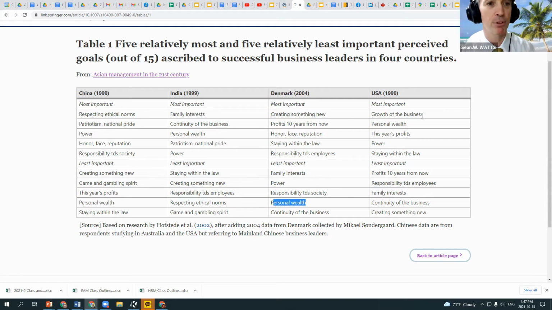So it helps for you guys to talk about things like this. I think Lee Chang-hyung, you talked today about how personal wealth and money is most important. Well, great. It is most important to people like Donald Trump, but shockingly, people in Denmark and in China think it's the least important.